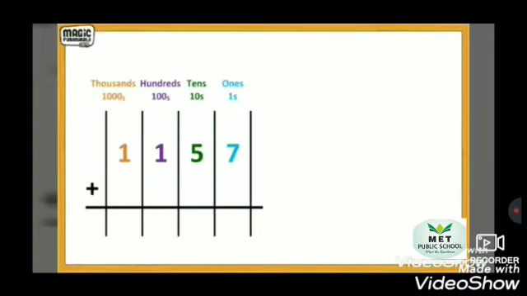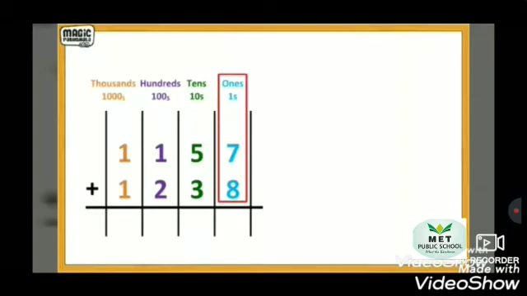Now that we have the numbers in the correct columns, let's add. We are going to start in the ones column and add 7 plus 8.